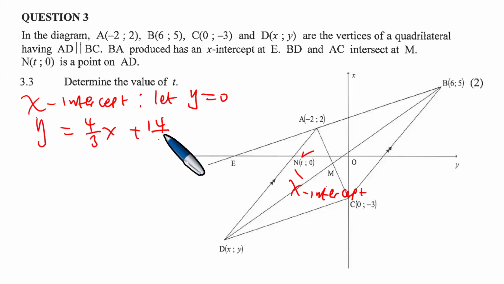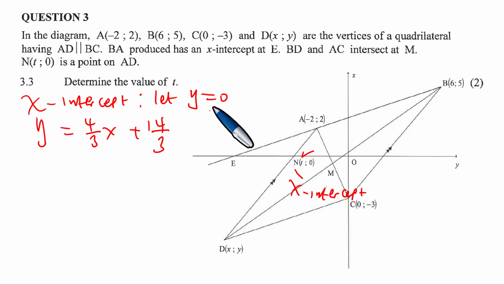So we are interested in finding the x-intercept of the line AD. To find the x-intercept, we let y be equal to 0.